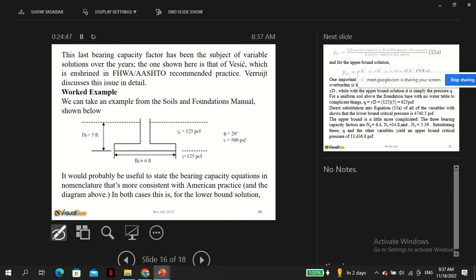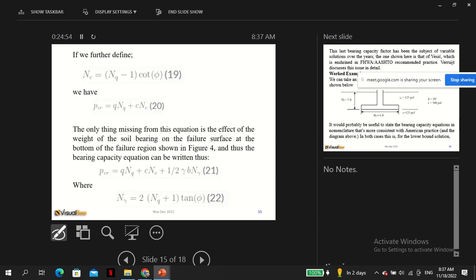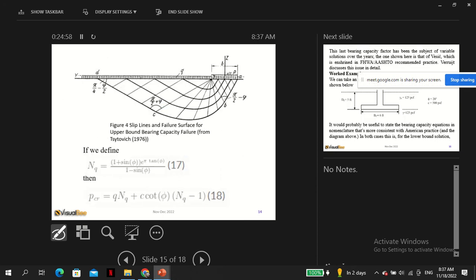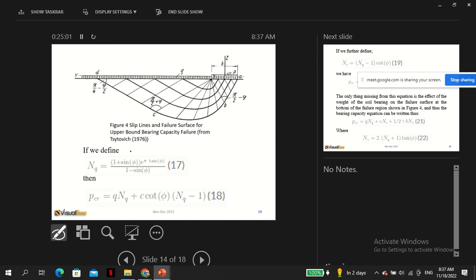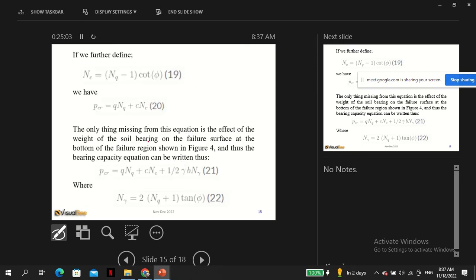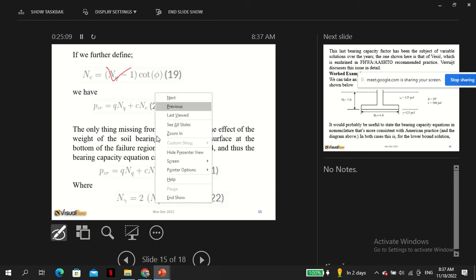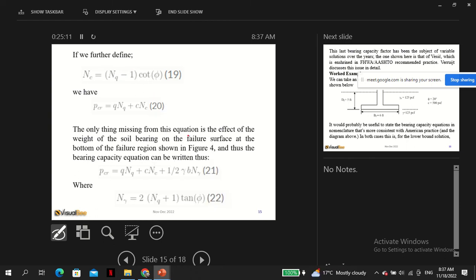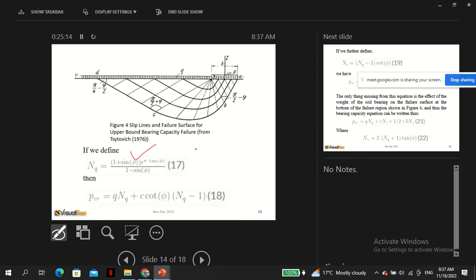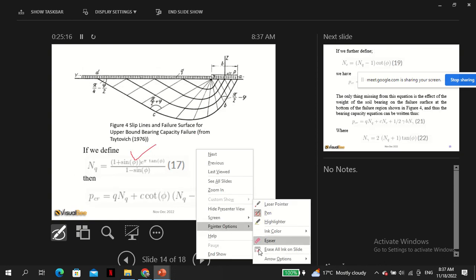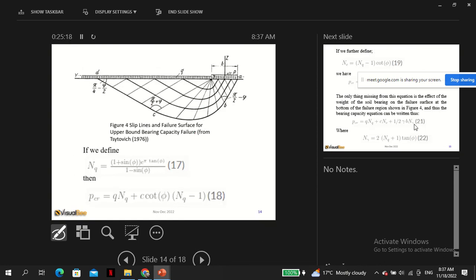So this last bearing capacity factor has been the major subject of debate. Actually, people basically agree on these two: NQ, there is no problem with that, and NC, there is no problem in that. But for N gamma, there is a lot of debate on exactly how to determine it.